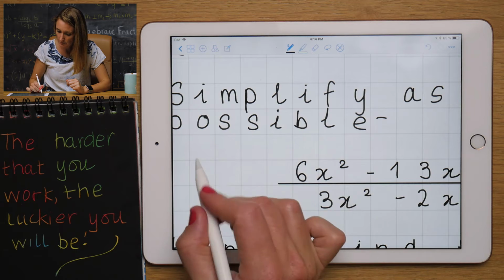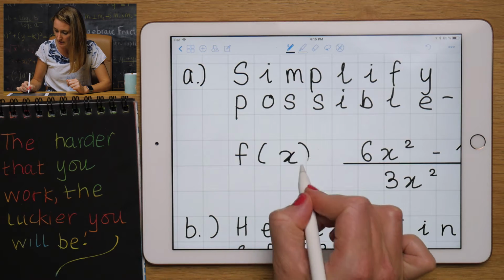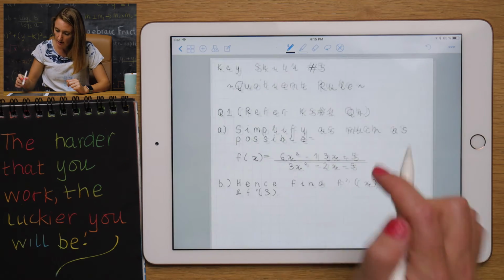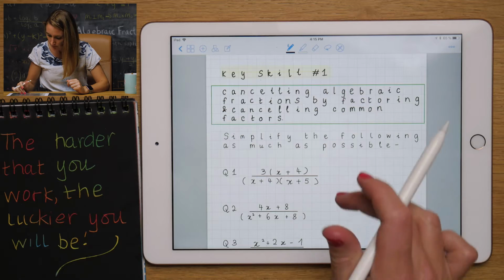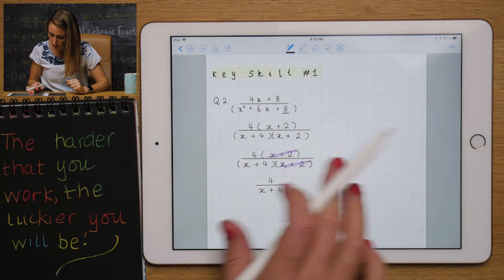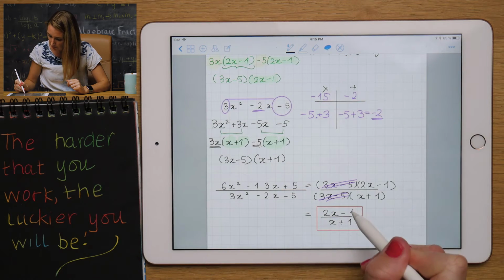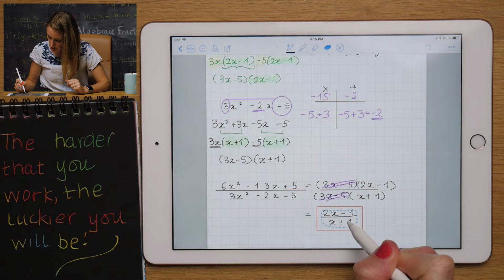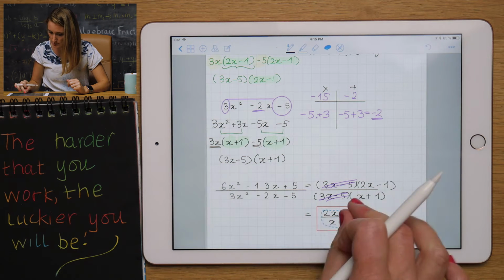So in this situation, they would have told you this would be your f of x. This would be your function. Now, if we whiz all the way back to Key Skill 1, we can see that the simplified version of this fraction was 2x minus 1 divided by x plus 1.